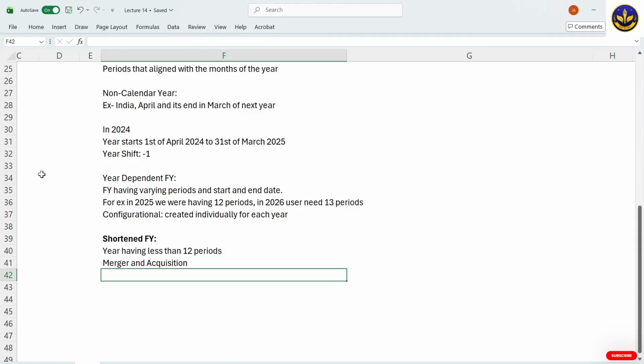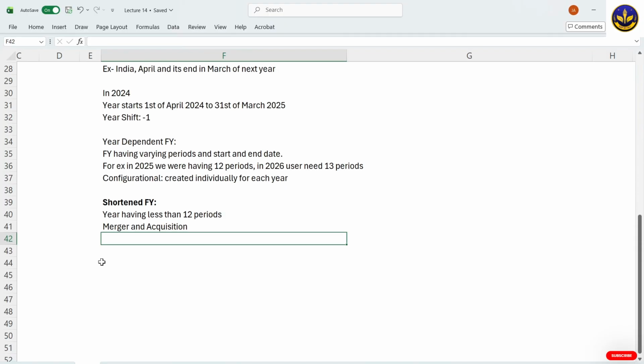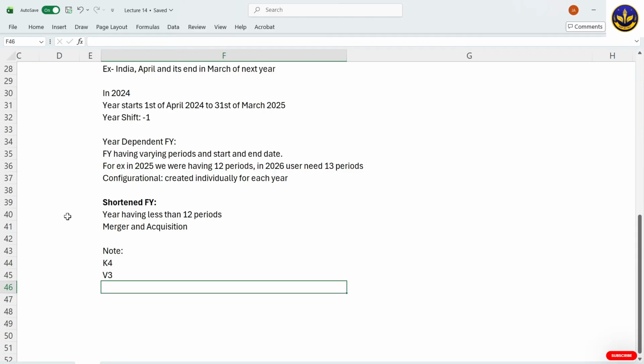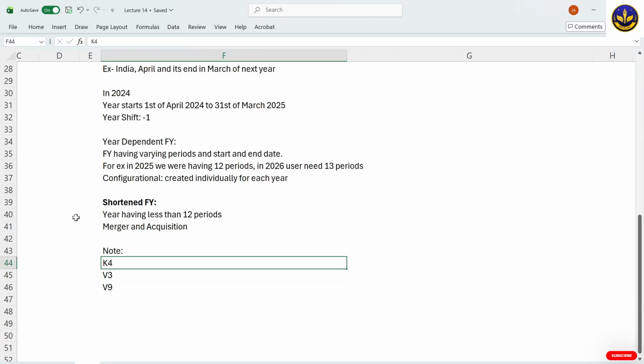Now another important thing which you have to take care of. There are some standard variants for the years that are available in SAP. These are K4, V3 and V9. There are others also, but these are the majorly used.